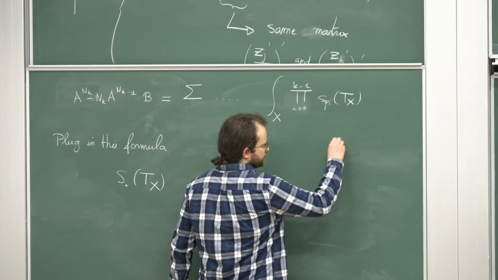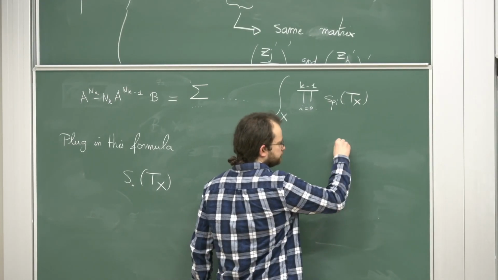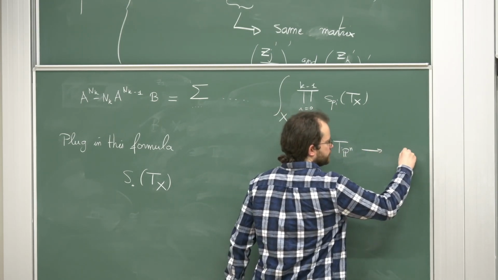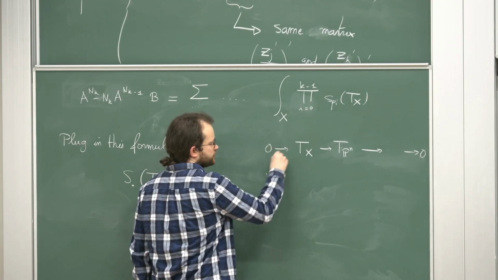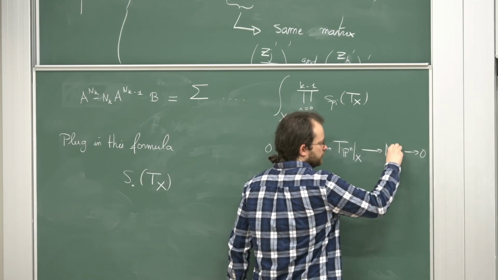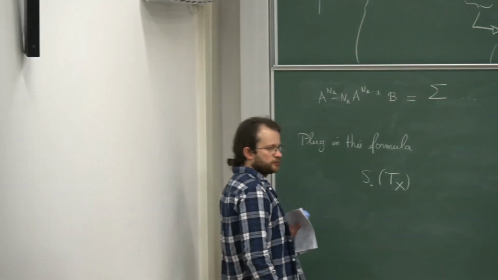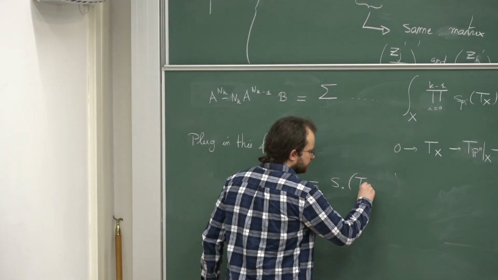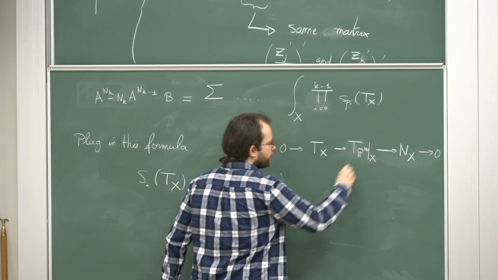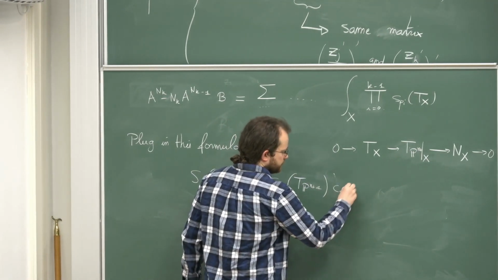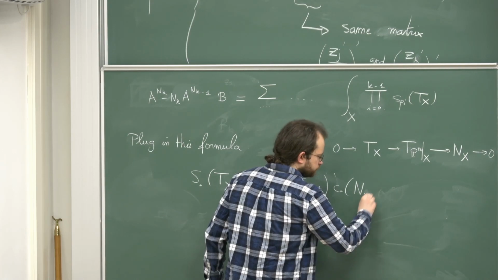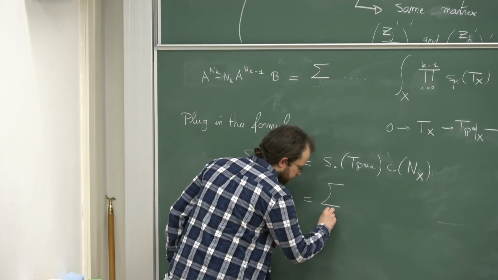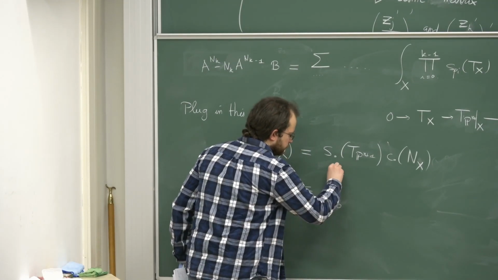If you have a hypersurface, you are able to compute the Segre classes of the tangent bundle using the standard exact sequence, and so the Segre class of the tangent bundle is just the Segre class of T P^{n+1} times the total Chern class of the normal line bundle.